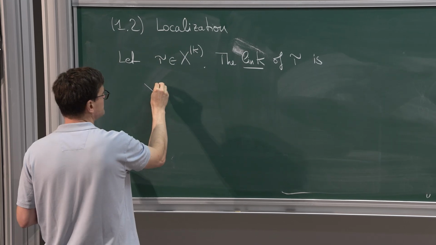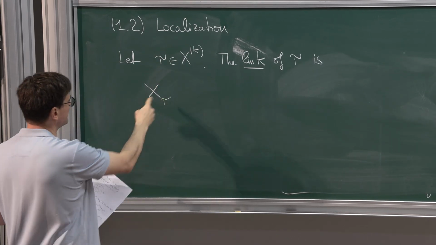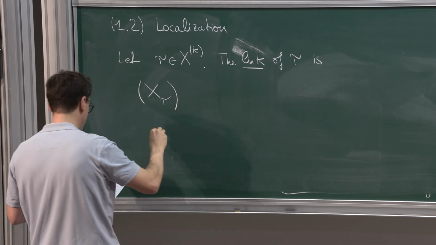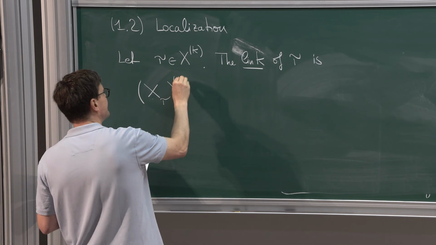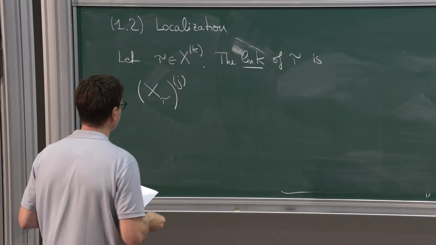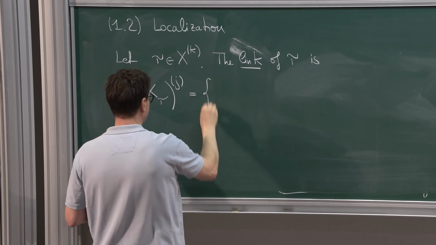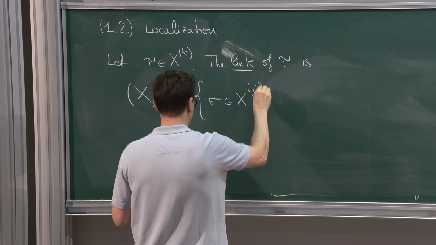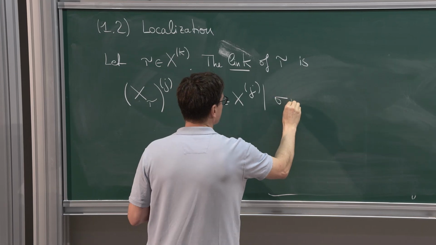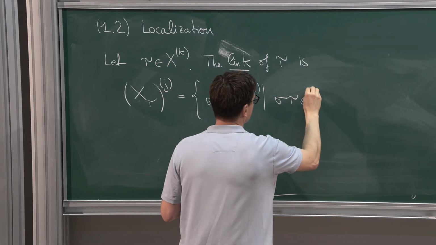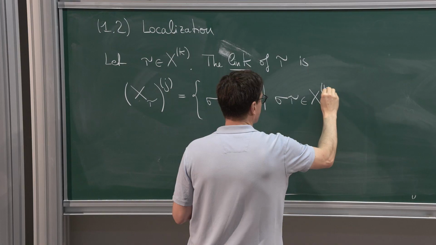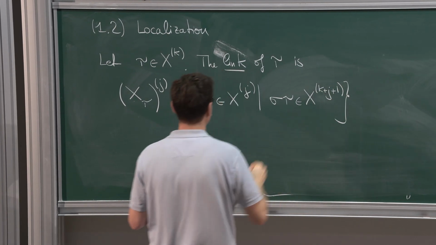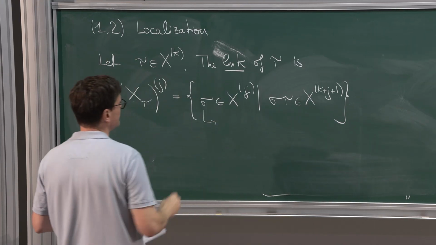And so I will denote the link by X_tau. And you can say what is the J-skeleton, the J-simplices in this simplicial complex. And you can formally write it like that. So how should you think of this?